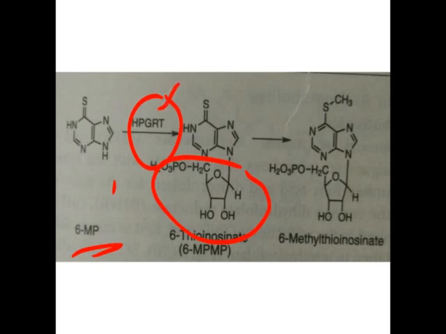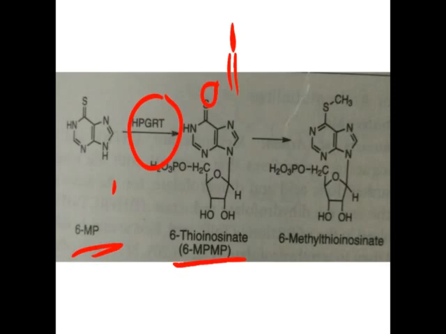HGPRT plus kinase enzyme converts the sugar moiety into the phosphorylated form. So 6-mercaptopurine monophosphate is formed. This is also called 6-thioinosinate. Where a double bond O is present, it is called inosinic acid.